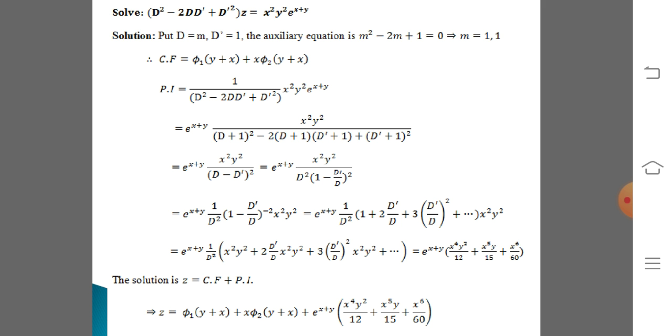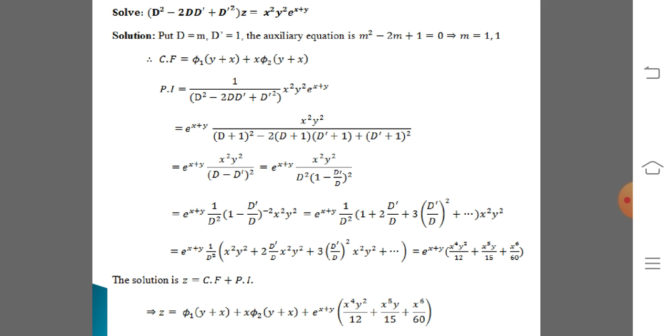So, the function given on the right hand side is of the form e power x plus y into x square into y square. So, whenever the right hand side function is a combination of exponential function and polynomial or trigonometric function, you have to make use of the shifting property. Okay. So, according to shifting property, you can shift the exponential function e power x plus y to the front.